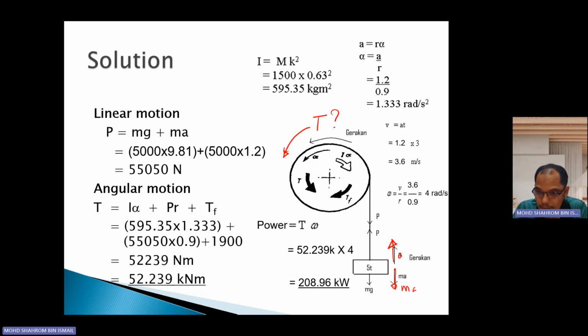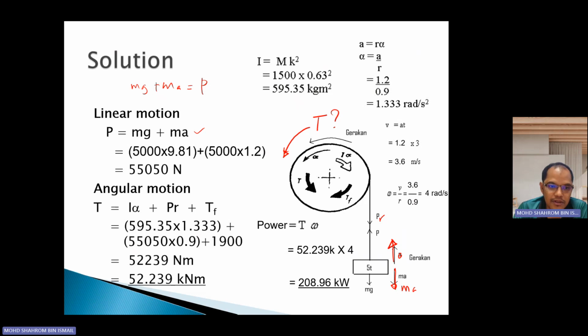So by this time, it's going to be P R. So mg plus ma is equivalent to P. Isn't it? Yeah, mg plus ma is equivalent to P.